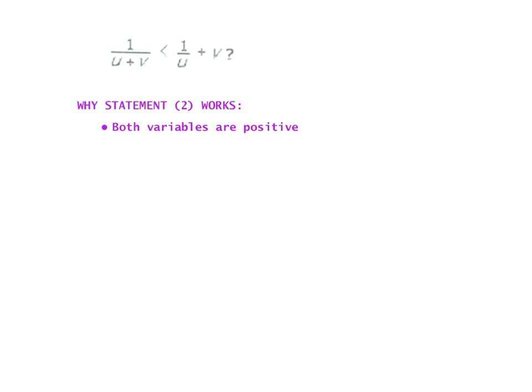You can think of 1 over u plus v as 1 over a bigger number, and 1 over v is 1 over a smaller number, because u plus v is bigger than v.